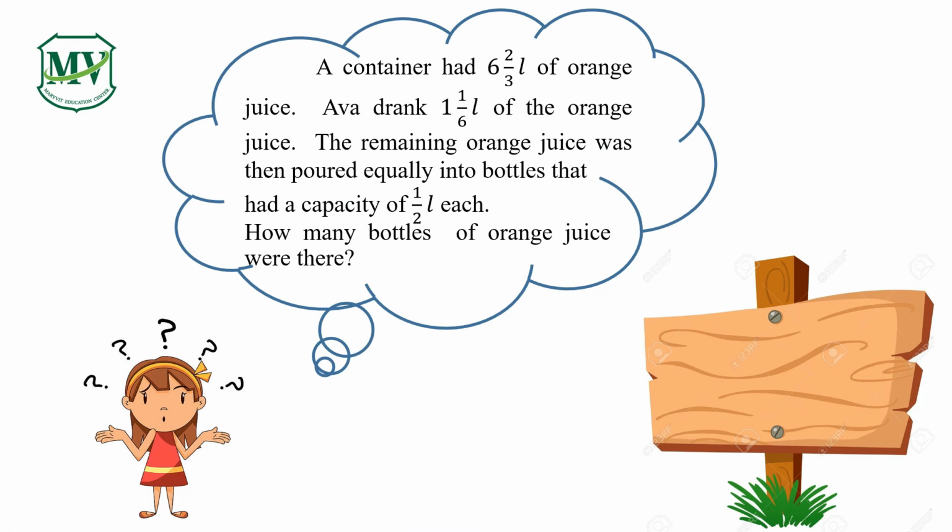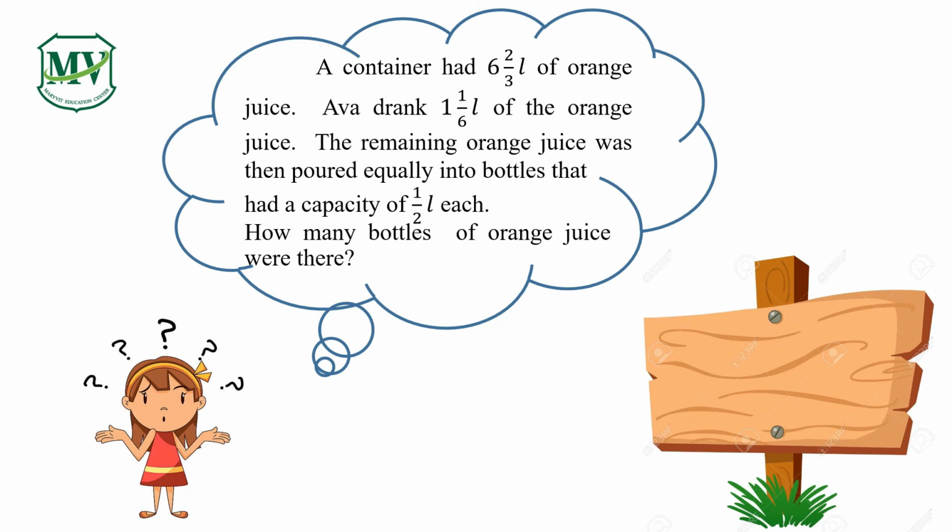Let's take a look at this example. A container had 6 and 2/3 liters of orange juice. Ava drank 1 and 1/6 liters of the orange juice. The remaining orange juice was then poured equally into bottles that had a capacity of 1/2 liter each.